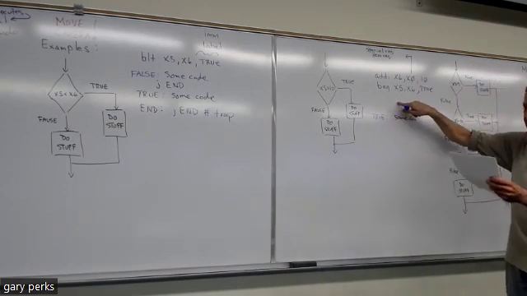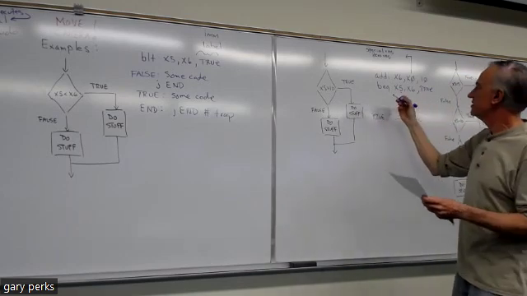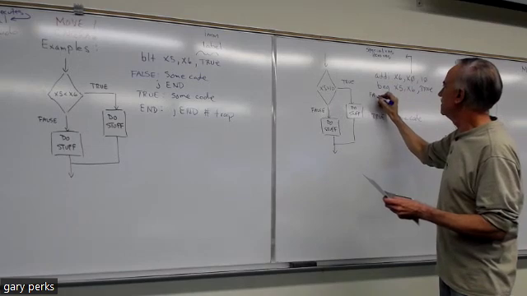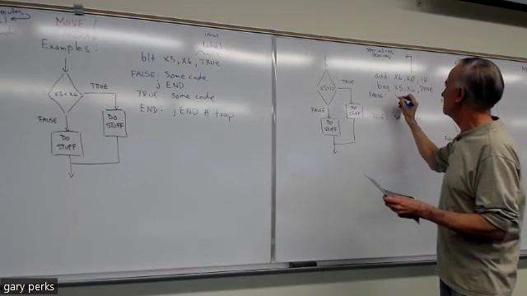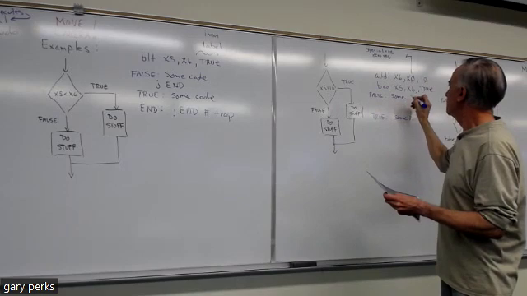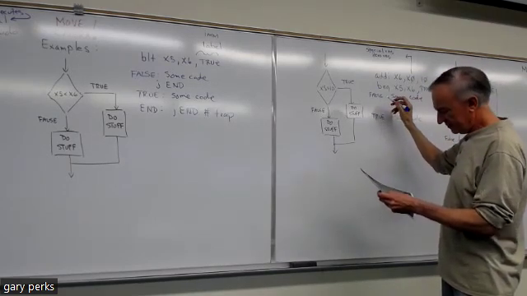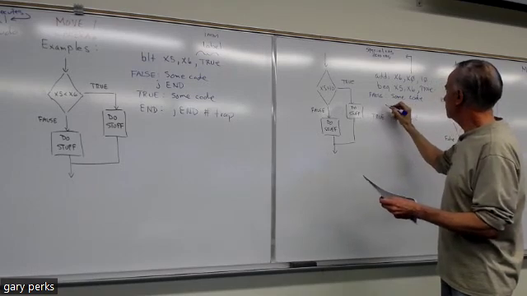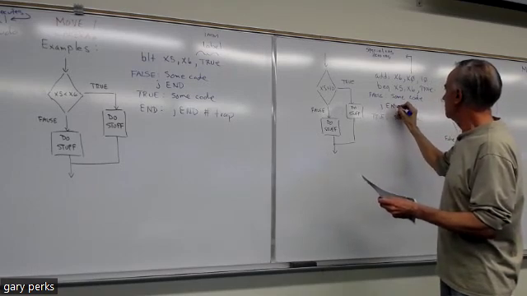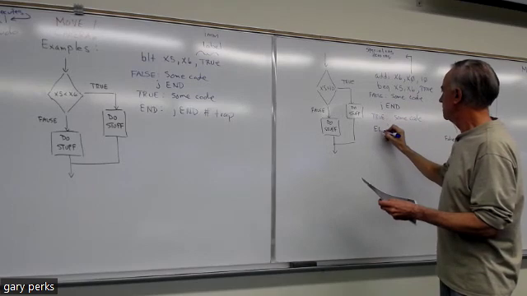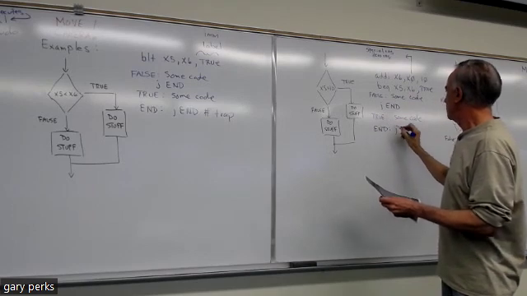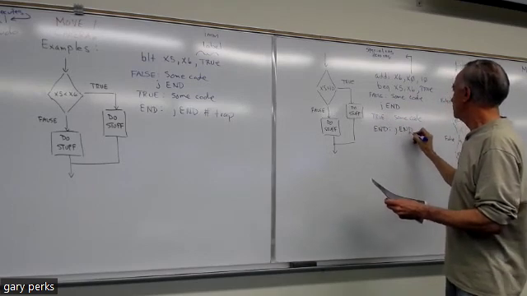And then just like before, if it's false, that code would go right after the branch command. And then we'd have to jump to end, and end it with a trap.